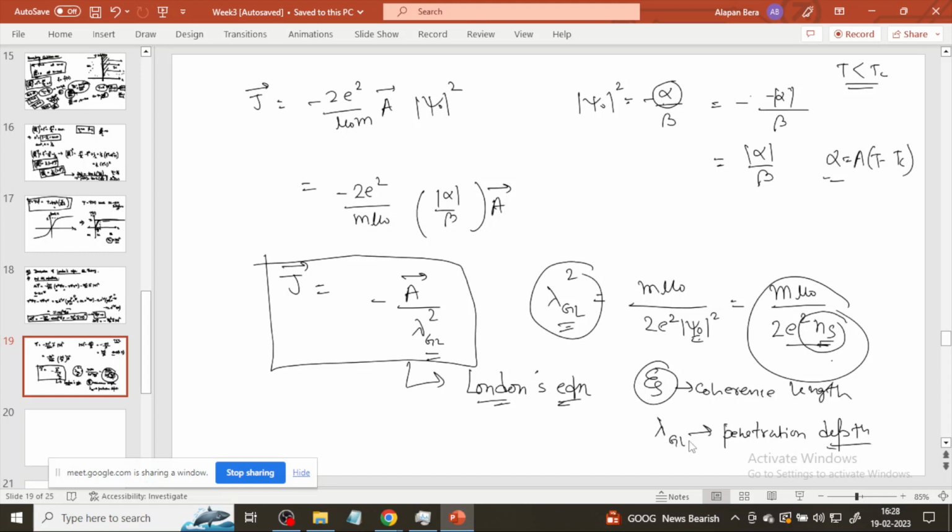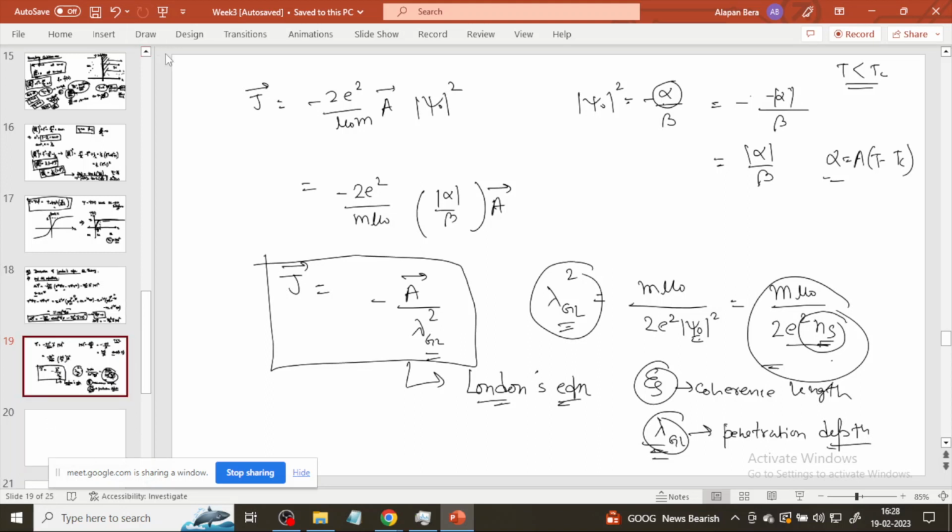We had already derived this penetration depth expression previously, but now you can see that we have again got the London's equation. We have also got this exact expression of the penetration depth lambda GL from this second Ginzburg-Landau theory or equation. Okay, so this concludes our discussion on question number 4.